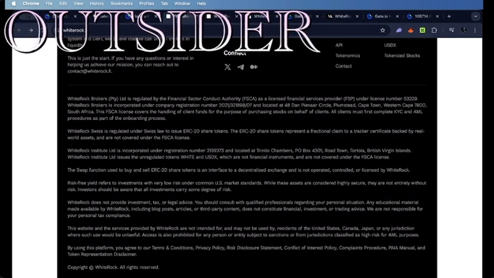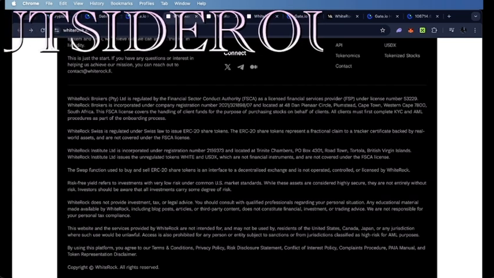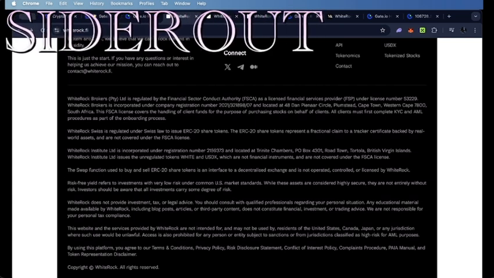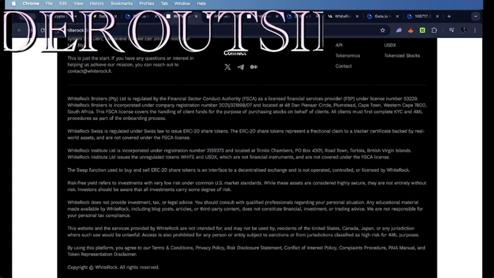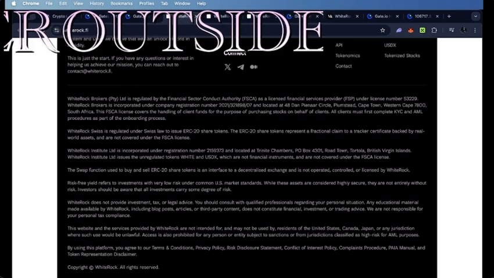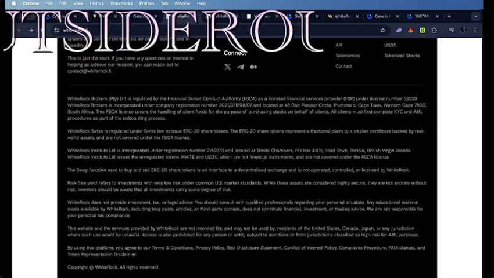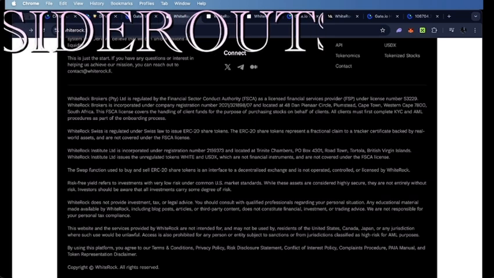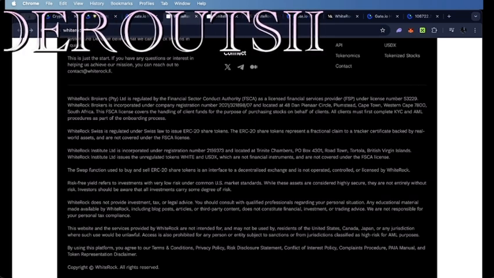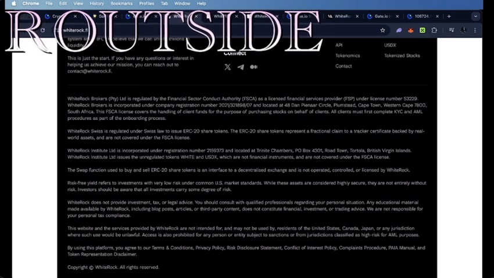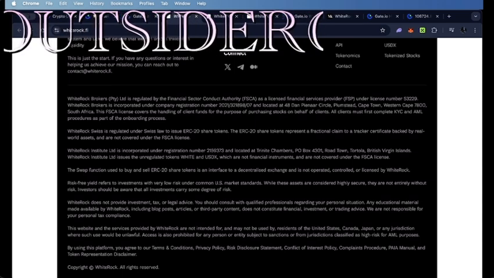Free yield refers to investment with very low risk under common US market standards. While these assets are considered highly secure, they are not entirely without risk. Investors should be aware that all investments carry some degree of risk. Whitechart does not provide investment, tax, or legal advice.